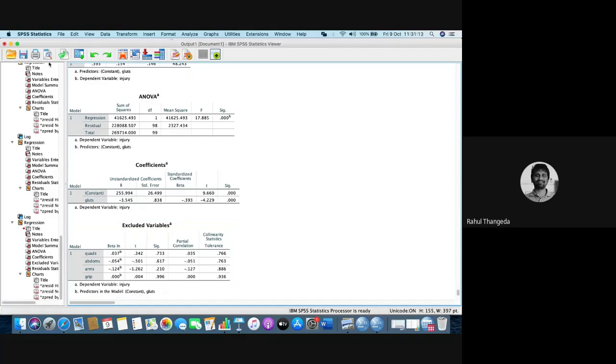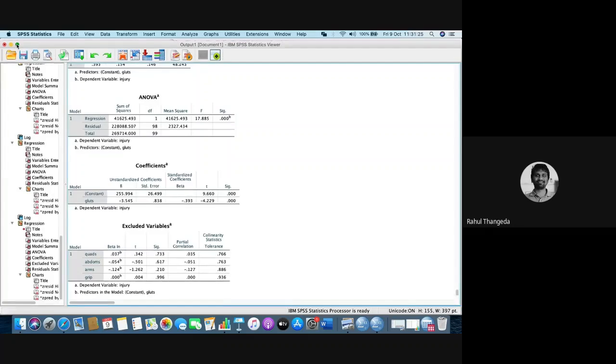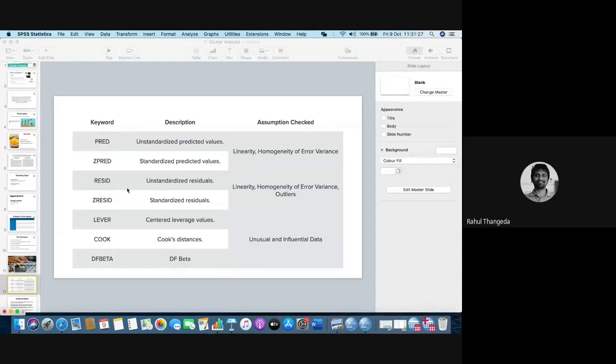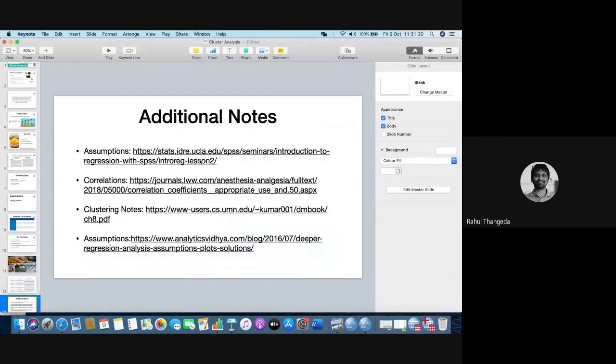So my recommendation is, having understood the basics, that is R square, adjusted R square, the reason why ANOVA is calculated and the coefficients are calculated with the t-test, this is the minimum that you should know about interpreting a regression output in SPSS. Now, the second thing that you should do is, I would recommend you all run regression and then check assumptions. Only if assumptions are all right should you go ahead with your regression equation.